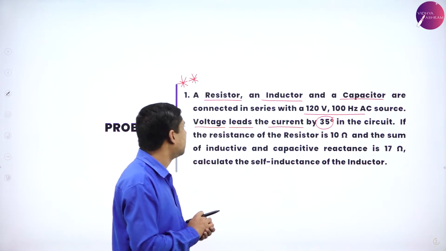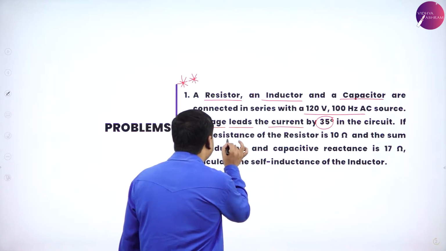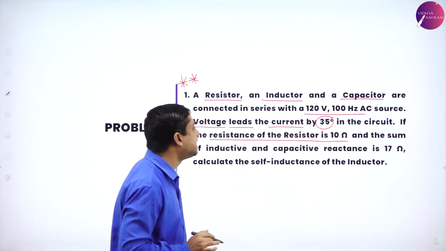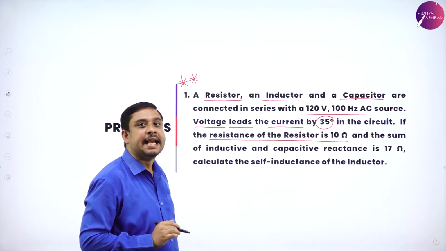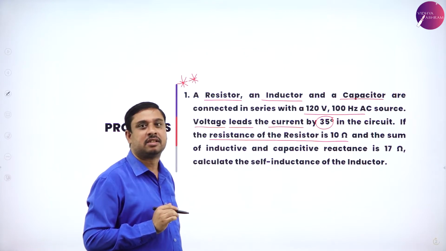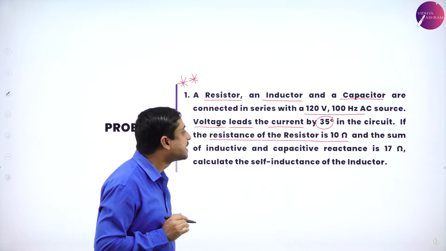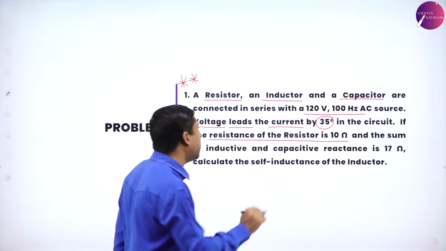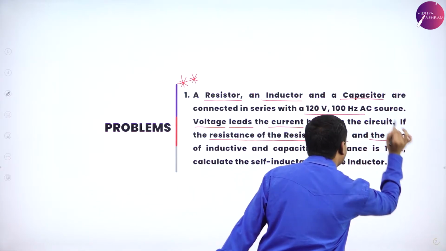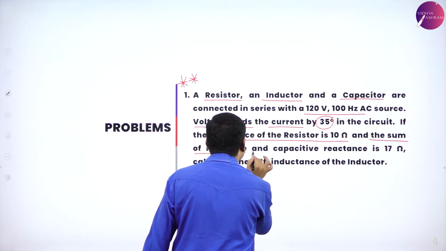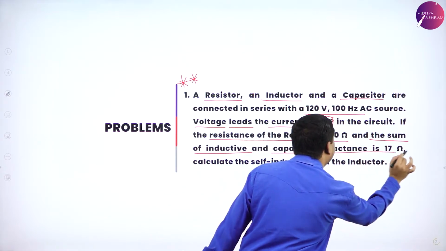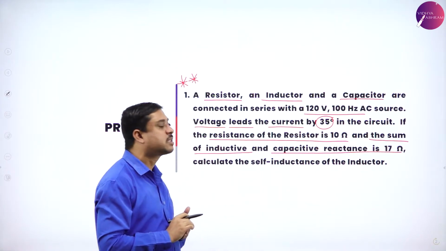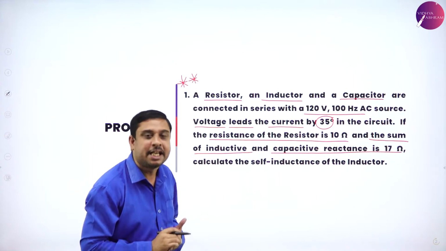He says, if the resistance of the resistor is 10 ohms, and the sum of inductive and capacitive reactance is 17 ohms.